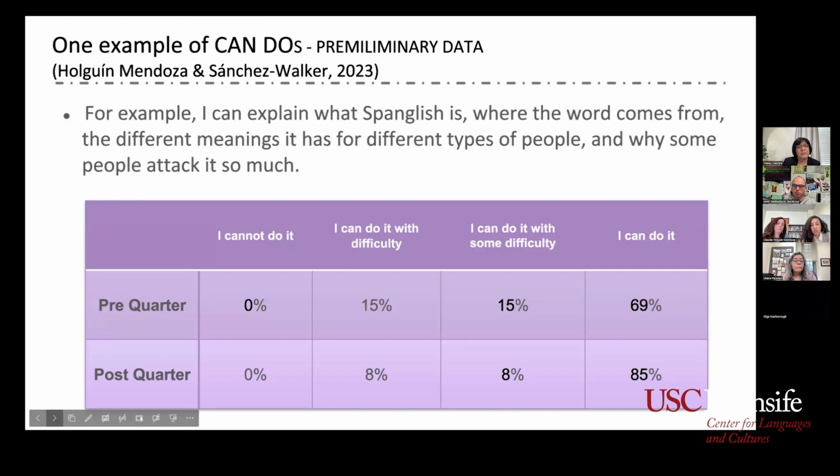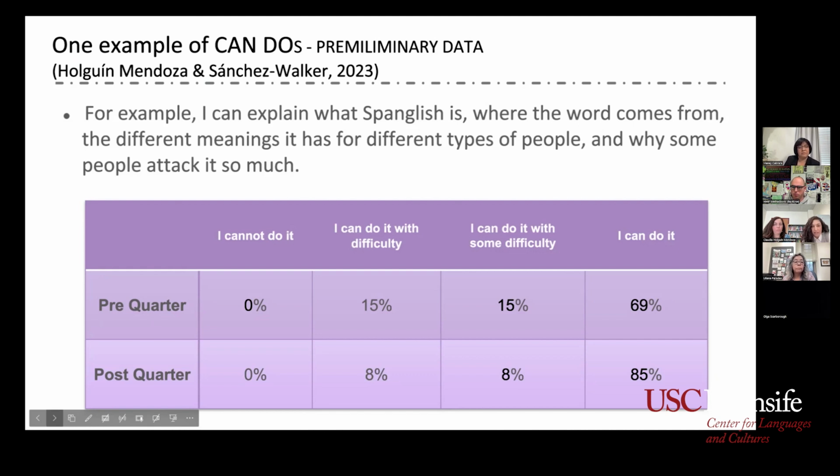In collaboration with my colleague Noelia Sanchez-Walker, we conducted last year a study in a CRISL-based classroom teaching Spanish in the US. And we included these sentences for the material that we were teaching and asked students to assess themselves at the beginning of the quarter and at the end.